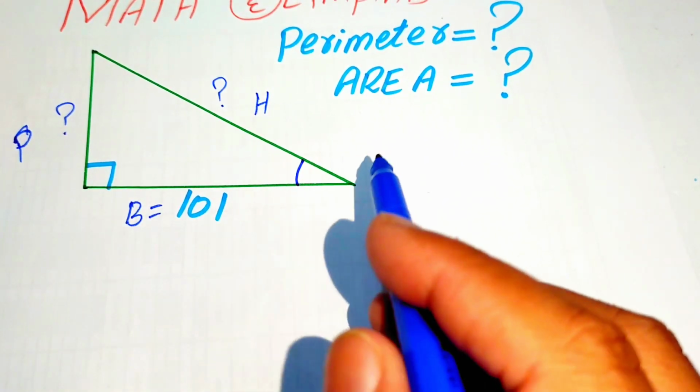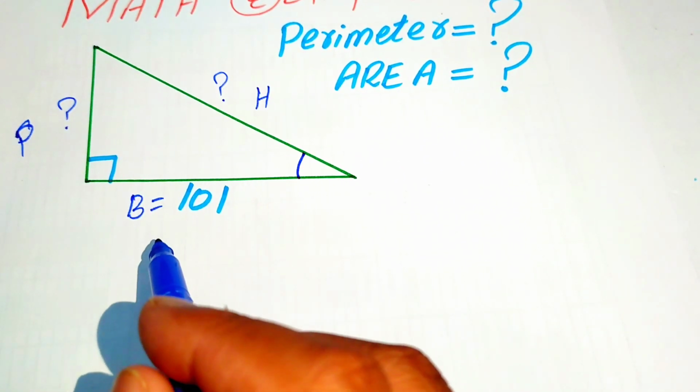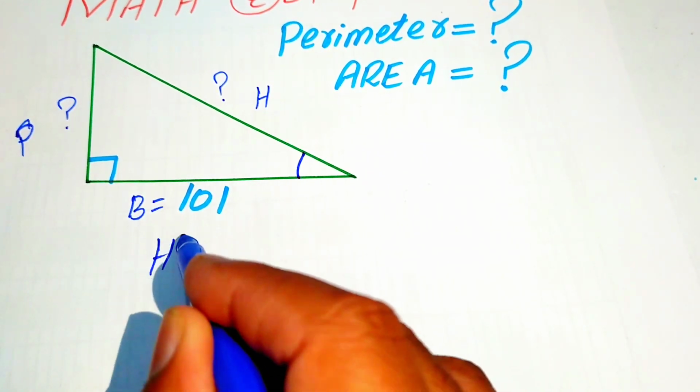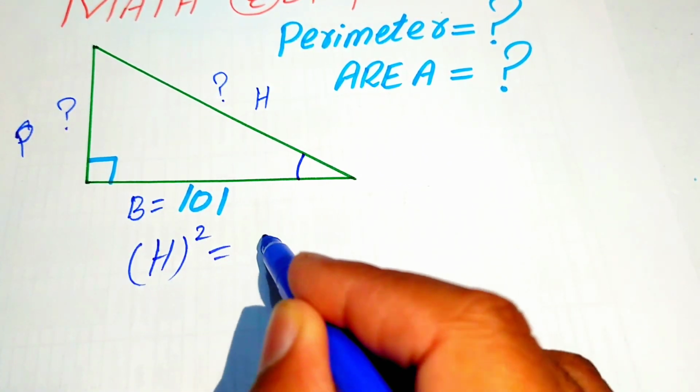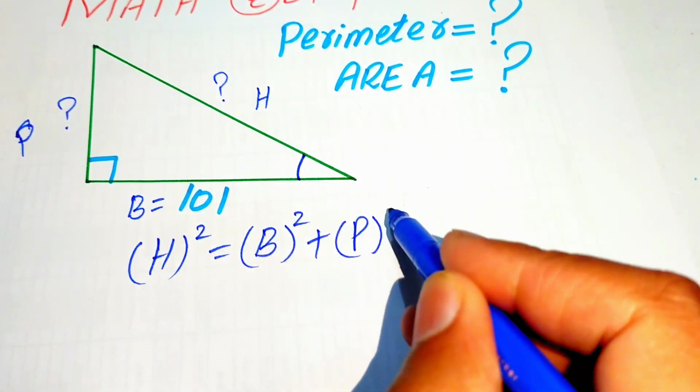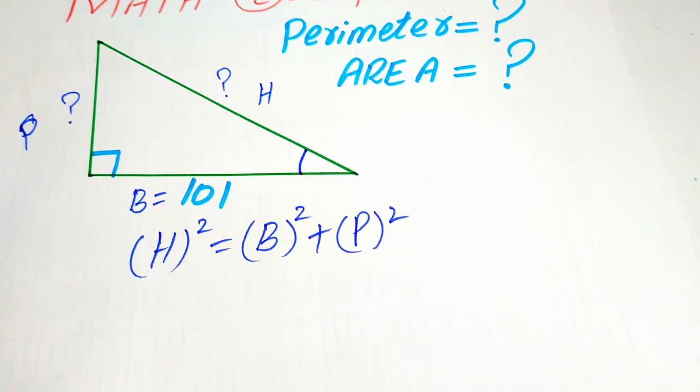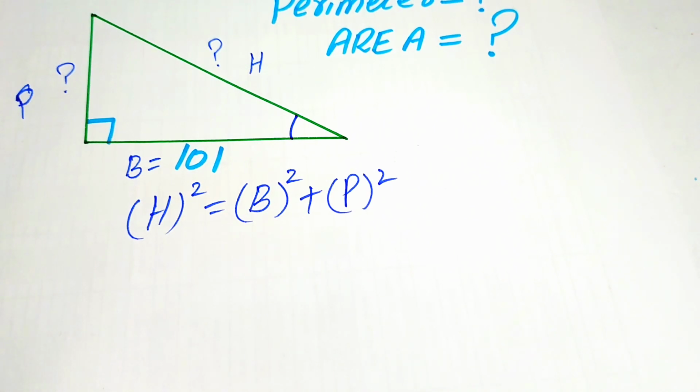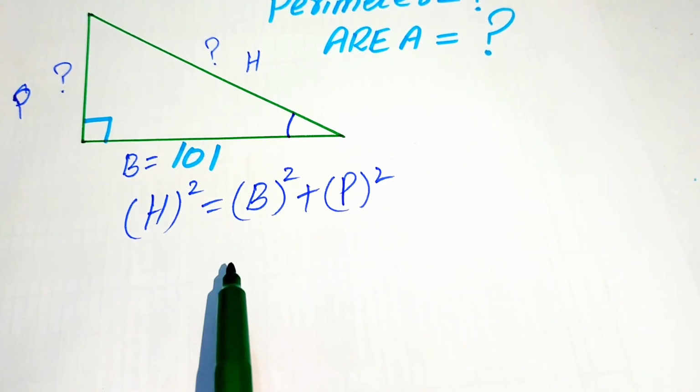So now we know that the formula of Pythagoras theorem is hypotenuse square equals base square plus perpendicular square. So this is the formula of Pythagoras theorem, and now here we substitute the values of hypotenuse, base and perpendicular.